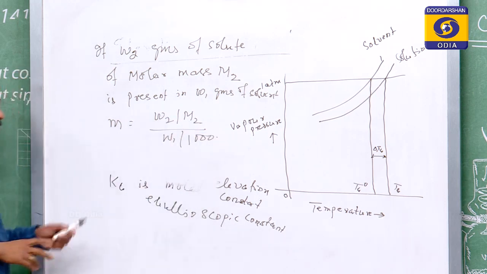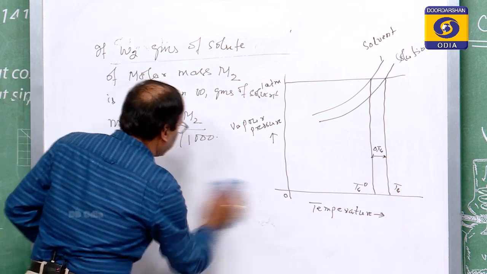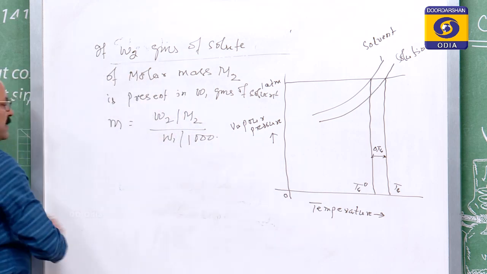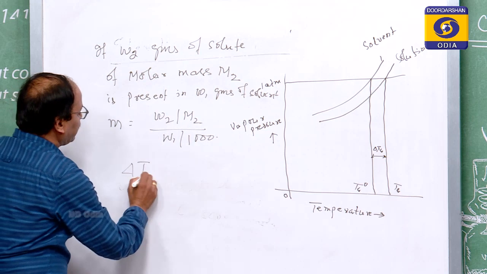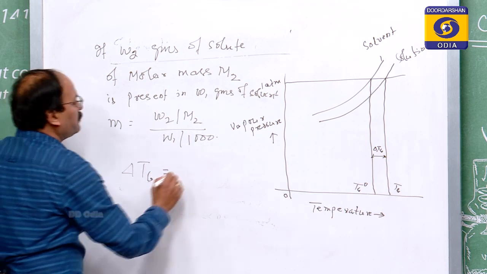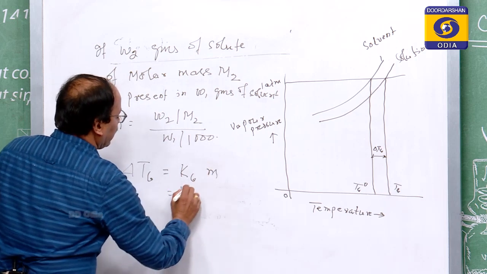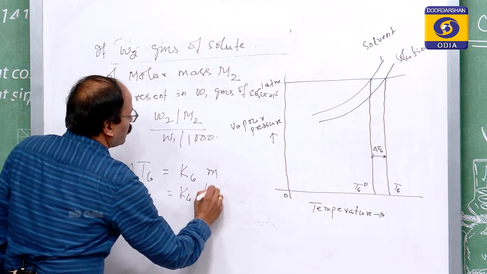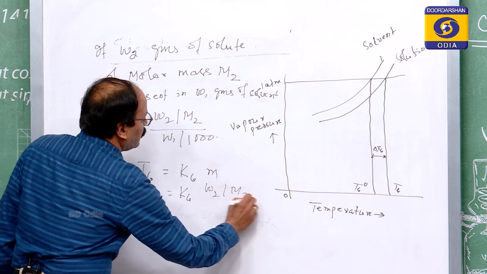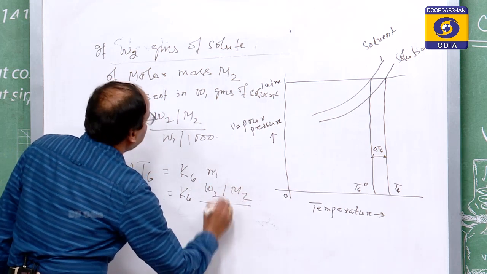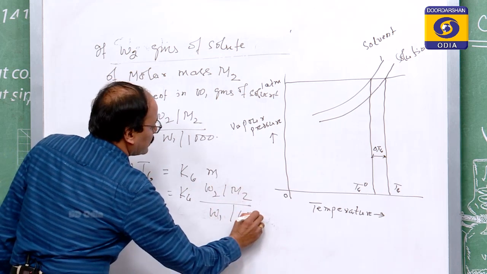Putting this value in the expression for the elevation in boiling point, delta Tb will be equal to Kb into m, that is Kb into W2 by M2 divided by W1 by 1000.